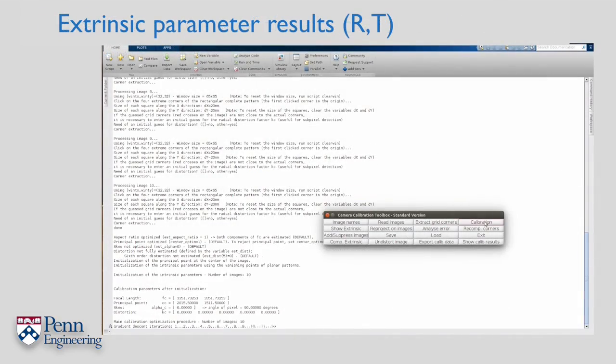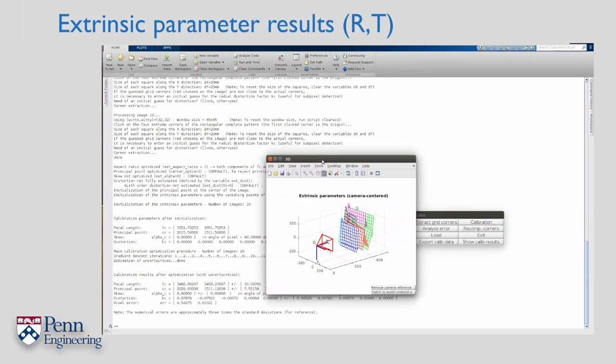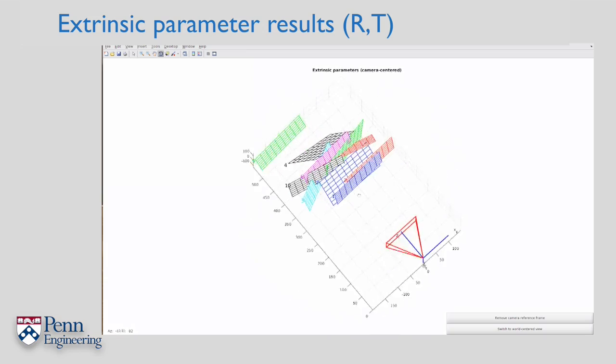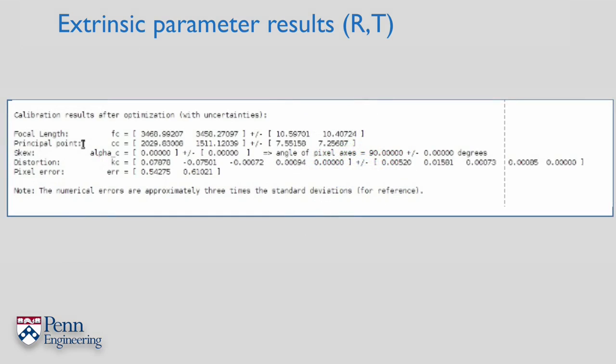In the next step, we click Calibrate, and what really happens at this point is that given the world coordinates and the pixel coordinates, the software computes the camera parameters. You will see that these camera parameters are a vector of the focal length, the image center C, the radial distortion, and then a rotation matrix and the translation.